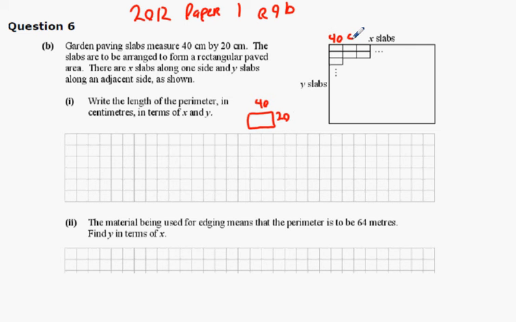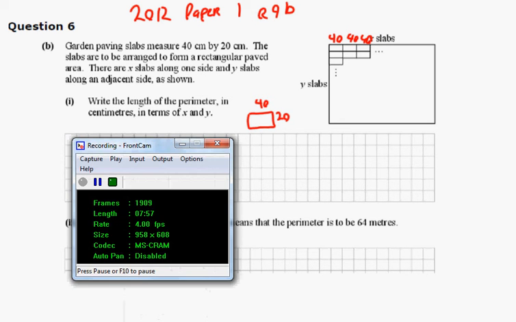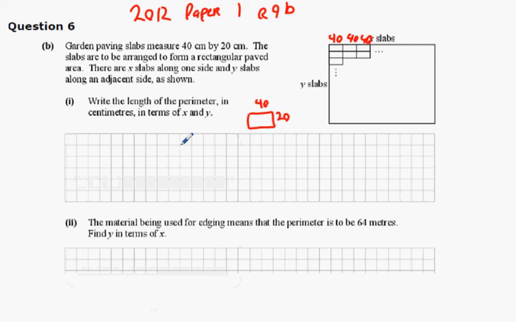40, 40, 40, and you do this X times. So what we get is it happens X times, so it'll be 40X, because X is the number of slabs you put that way, multiplied by the length of each slab, and the other one will be 20Y going down that way.